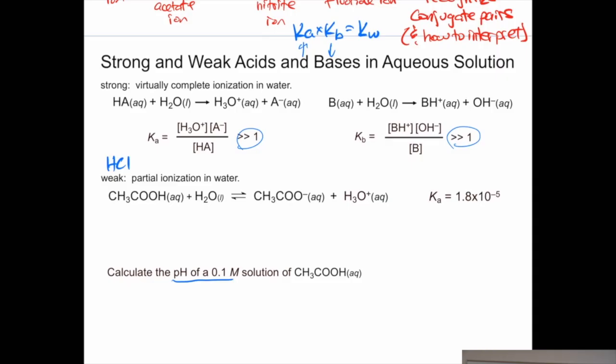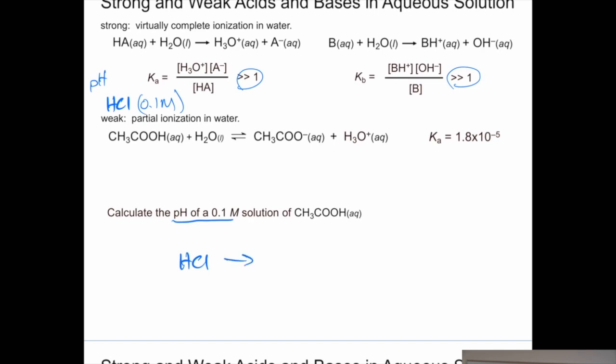What's the pH of a 0.1 molar concentration of HCl? Who can tell just from looking at that without me explaining it? HCl dissociates 100% into H+ and Cl-. If we start initially with 0.1 molar, 0 and 0, final, all of this dissociates into 0.1 molar and 0.1 molar.